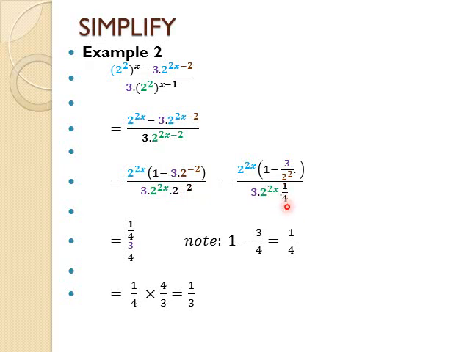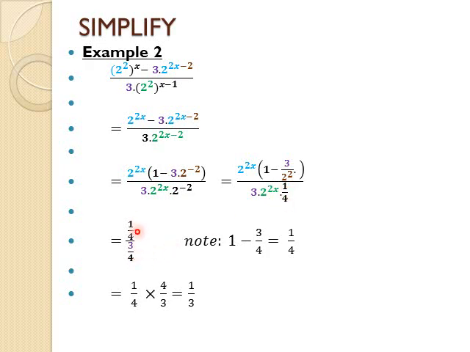Now, the objective when we give you this problem is the common factor in a fraction will always cancel top and bottom. So if I take that out, I'm left with 1 minus 3 over 4, which gives me a quarter on top. The bottom I have 3 times a quarter, which means 3 times 1 over 4, which is 3 over 4.